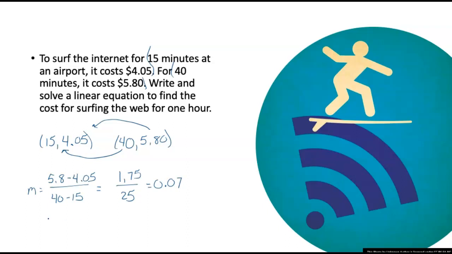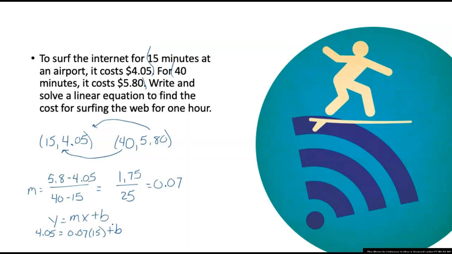So remember back to when we had 2 points, how we would set it up like y equals mx plus b. And since we know m, I could pick one of the xy coordinates to find b. That's what we're going to do here. So I'm just going to use the first one. And I'm going to set up an equation that says 4.05 equals, well, I know my slope, and I'm going to use the 15 from the coordinate, and then I'm going to solve for b.